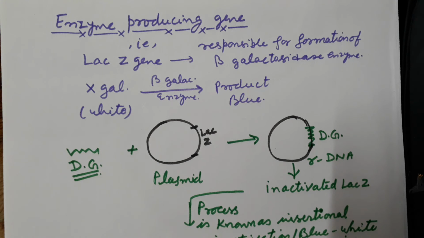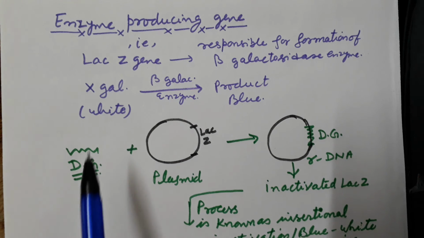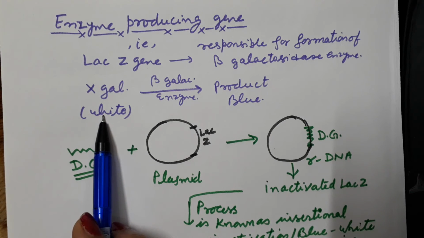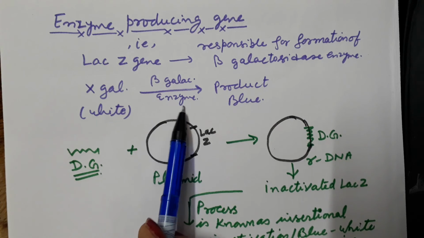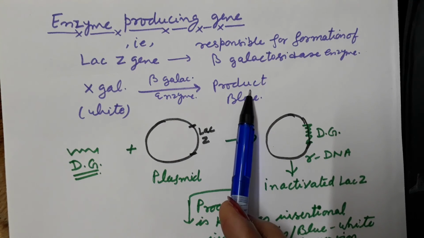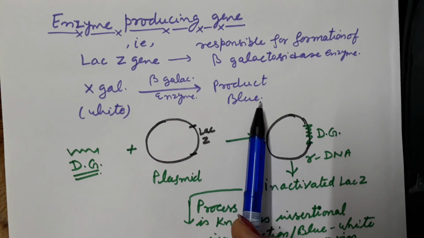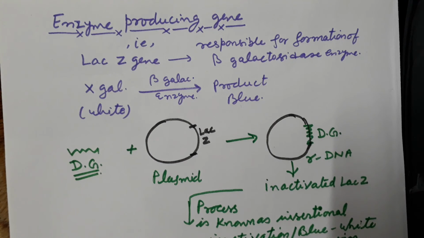What is X-gal? It is a white colored substance, a modified version of galactose. In the presence of beta galactosidase enzyme, it is converted into a product which gives blue color. This is what we will use in selection of our transformant.